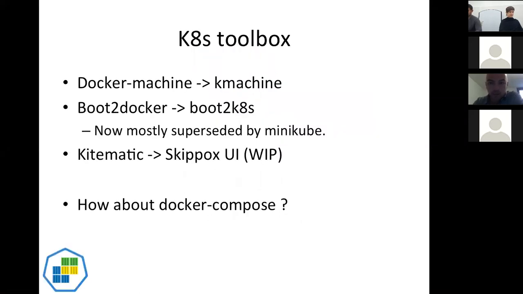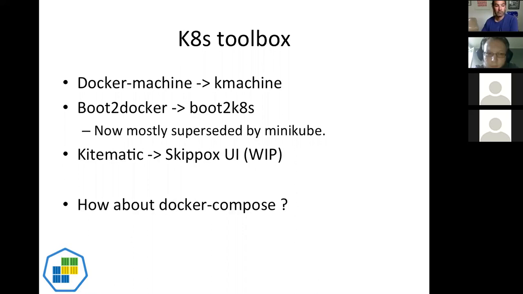One of the things we did early on was to work on a Kubernetes toolbox, and we thought that we needed something like Docker Machine, but for Kubernetes. So getting a development environment for Kubernetes, single node, and that's when we created K-Machine. We also created boot2k8s, which was analogous to boot2docker. Now those two are actually superseded by Minikube.